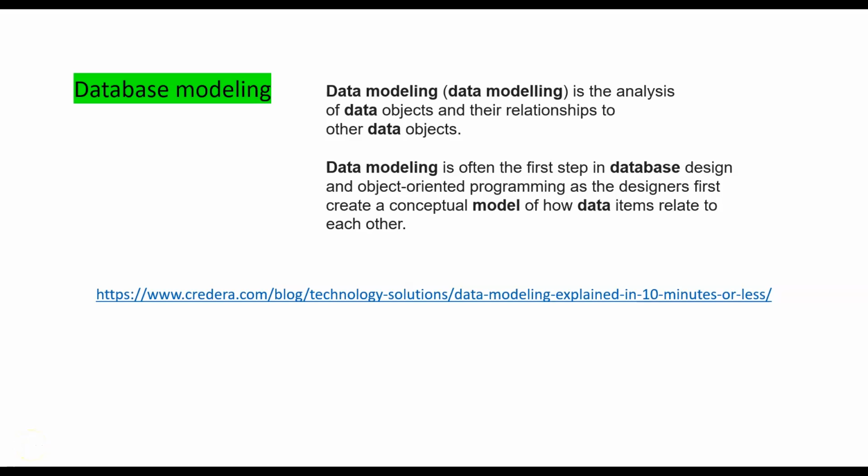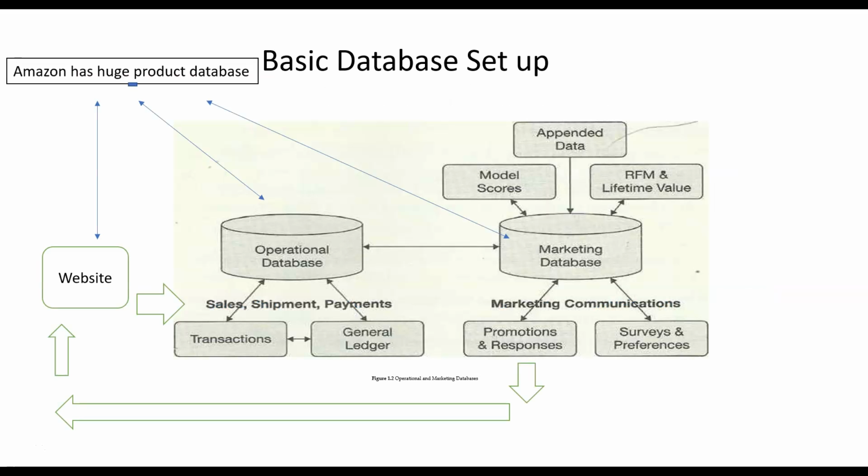So you've seen a video now on data modeling. This is a simplified example of some data modeling, and this is a slide that we looked at early on in the term.